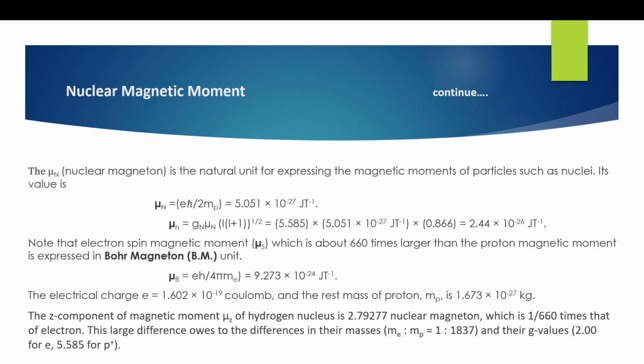The difference in the values of mu B and mu N are due to two reasons: difference in their masses, which are in the ratio 1 is to 1837, and difference in their g values, 2 for electron, 5.585 for proton.